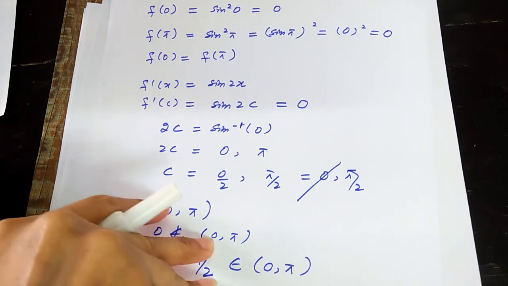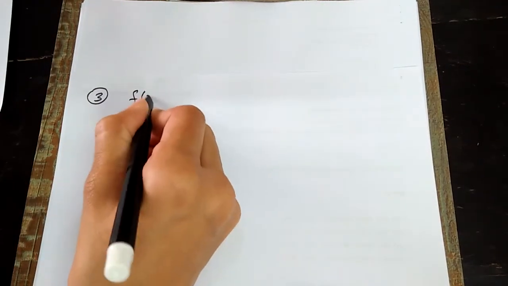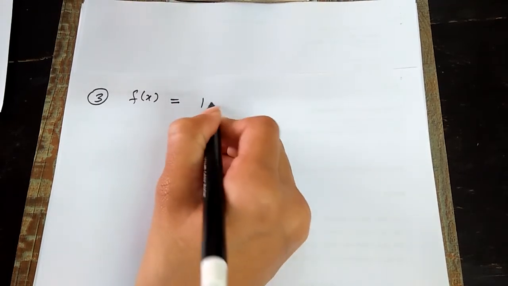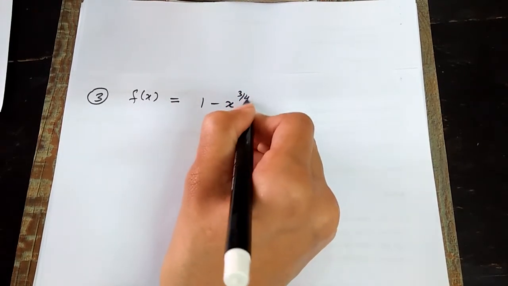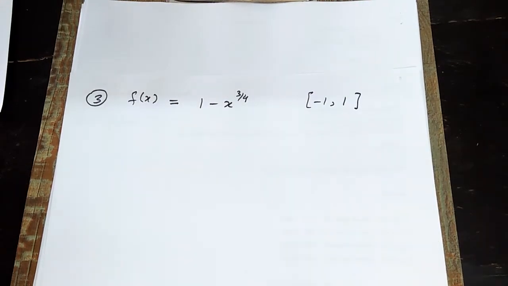Now move on to question number 3. Question number 3 is f of x equals 1 minus x raised to power 3 by 4, and you have to check it on the interval minus 1 to 1.